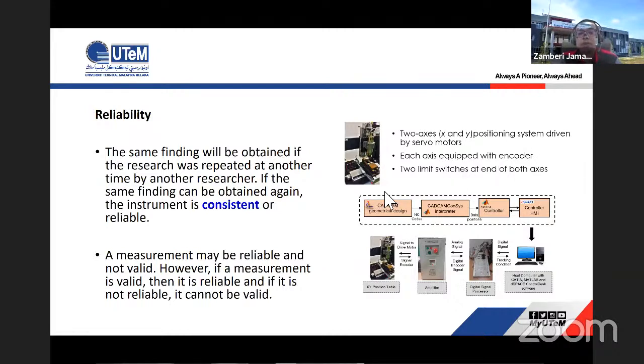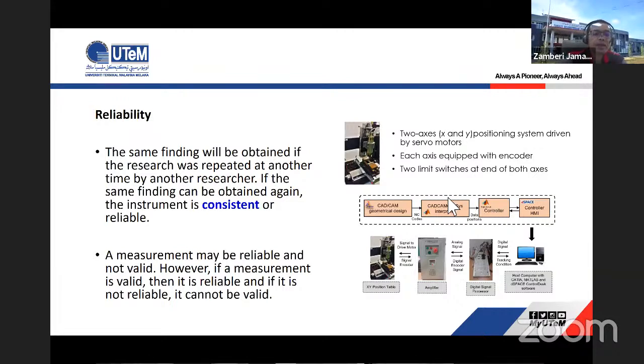And what kind of software are we using? Is it CATIA? Is it SolidWorks? And what kind of controller? Are we using MATLAB, Simulink? And what kind of interface are we working on? Is it dSPACE 1104? These are the kind of details that we must clearly state in our work so that the data can be looked at as reliable and valid.